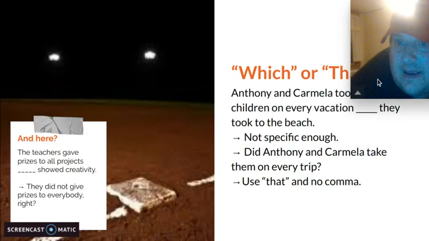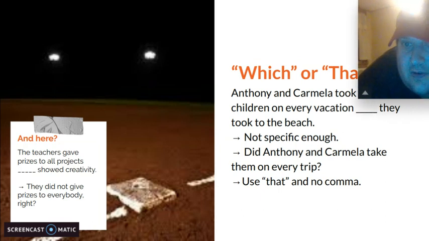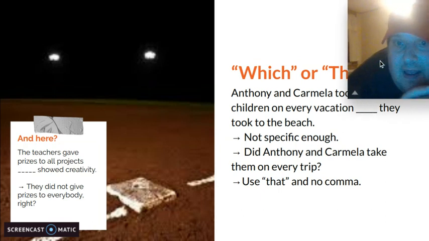Okay, so which would be the best one here? Now, Anthony and Carmela took their children on every vacation, which or that they took to the beach. Well, this isn't specific enough. Okay? If we said Anthony and Carmela took their children on every vacation, that means every single vacation. That might be impossible, right?